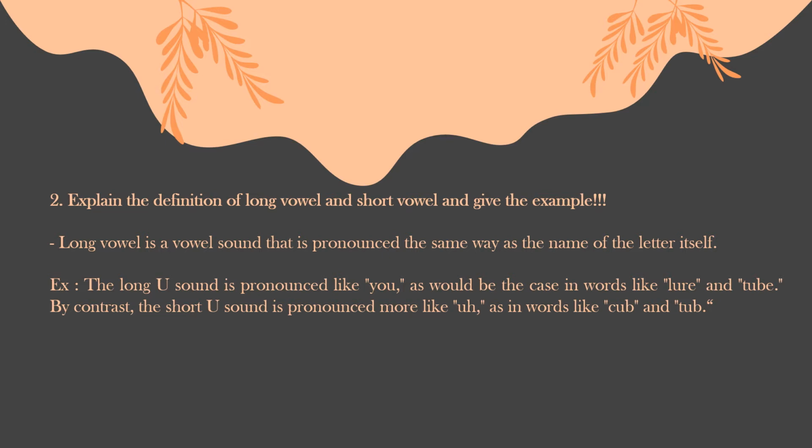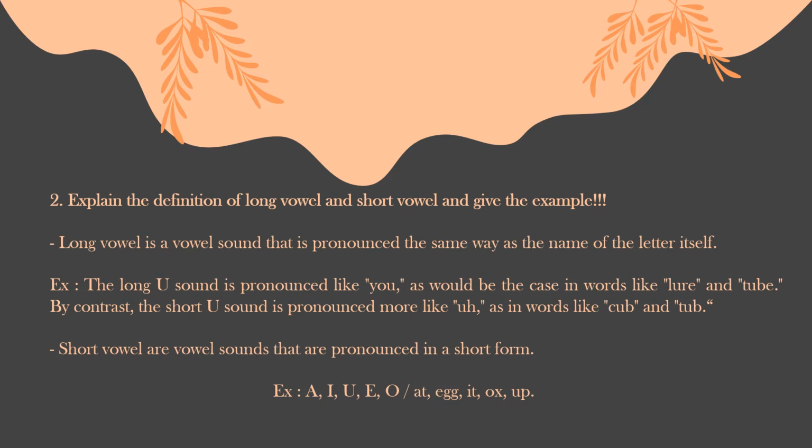By contrast, the short U sound is pronounced more like uh, as in words like coop and tube. Short vowels are vowel sounds that are pronounced in a short form. For example, a, i, u, e, o, or at, egg, eat, ox, and up.